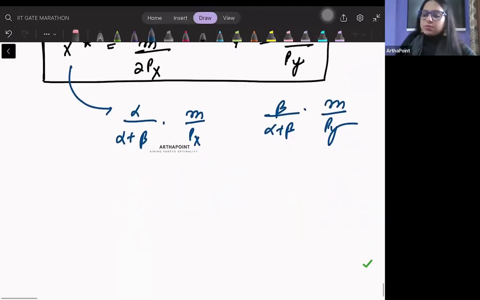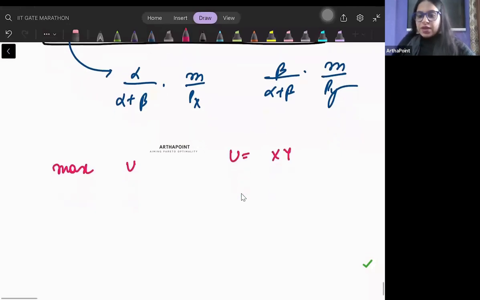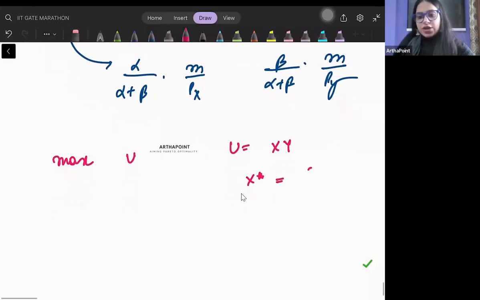Now, talking about Roy's identity. Roy's identity basically says that suppose you have found out your maximum utility. My utility was given in terms of x and y, but then x got some value in terms of income and prices, y also got some value in terms of income and prices.